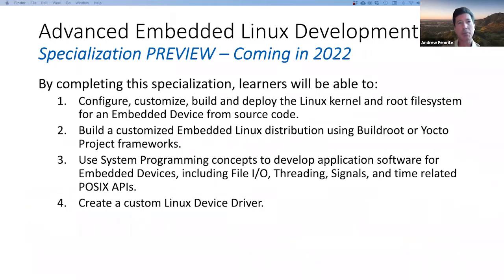But by completing this specialization, learners will be able to configure, customize, build, and deploy a Linux kernel, build a customized Linux distribution, use system programming concepts to develop application software, and create a custom Linux driver. So obviously the specialization will be very rigorous and project-based, so learners will gain strong competence and immediate skills for the workplace.